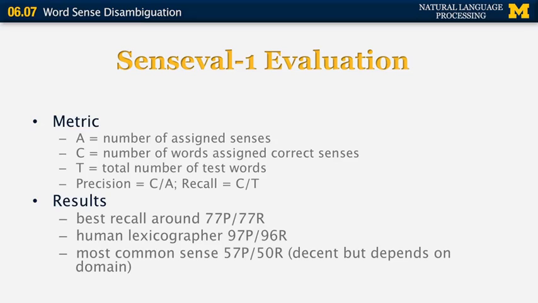And one interesting heuristic is that if you have an ordered list of senses for each word, with the most common sense appearing first, you get some decent performance, 57% precision, 50% recall, which is still not close at all to the best automatic systems, but still gives you a decent baseline.